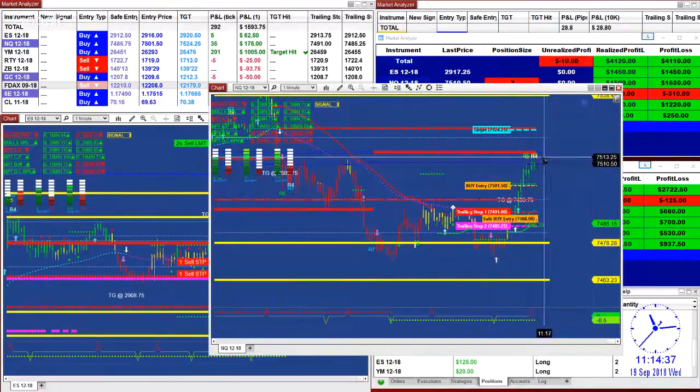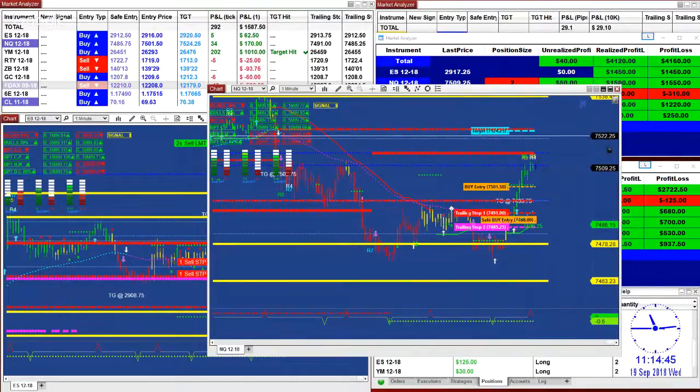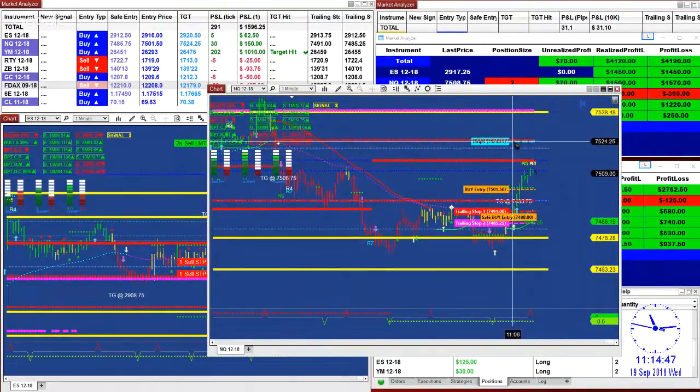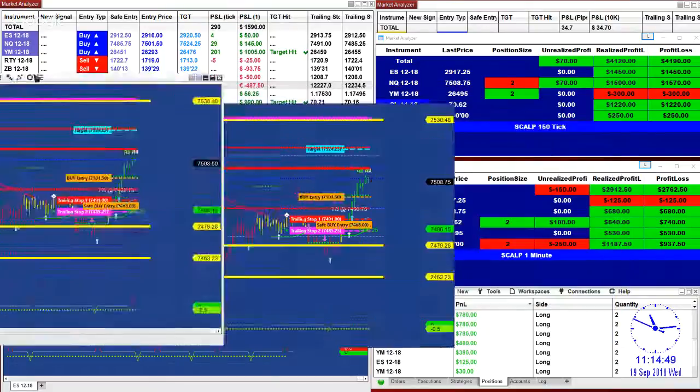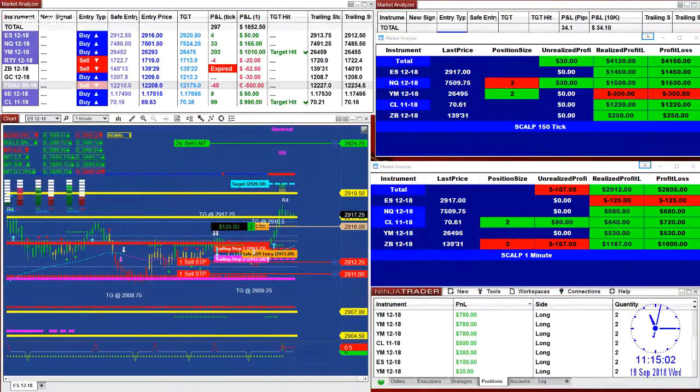The problem with the NASDAQ right now, we have this double resistance causing a problem, but the entry is very fine. And once we break it, it's very tight today. The target is what you see on the market analyzer. You can follow. The target is 24.25. This is your exit on that trade.